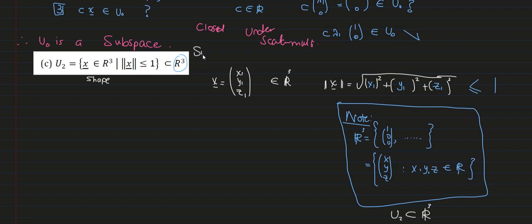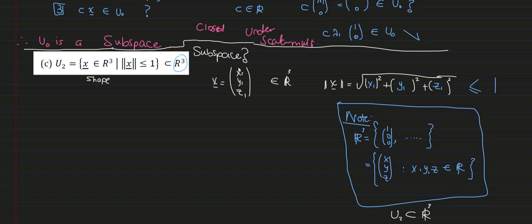Is this subset a subspace or not? This is what we are testing. That was from the previous problem, this part. Okay. So here we need to test whether this U2 is a subspace or not. Very good.